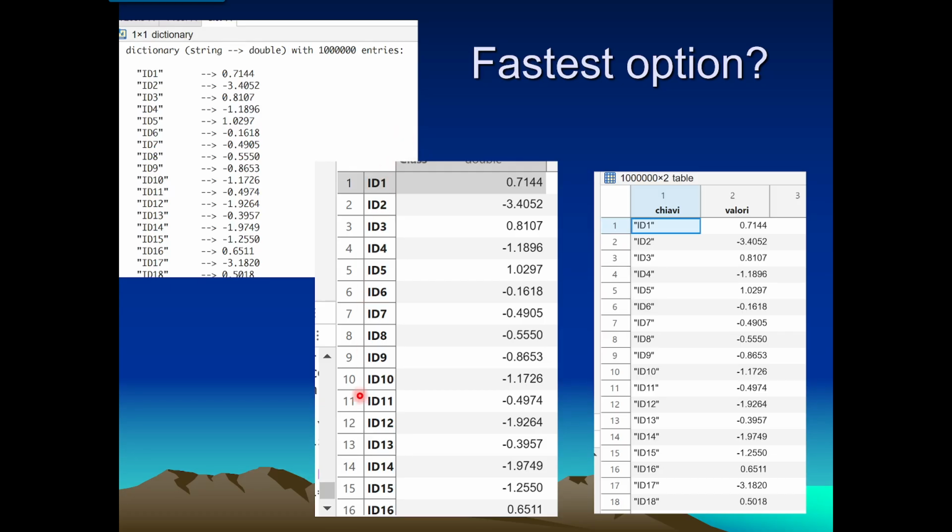Or the other possibility is to create a table which has the row names and then 1 column. So the issue is, what is the fastest option? Is it better to search the ID here, or to search the ID in a table with just 1 column and row names, or in a table with 2 columns?